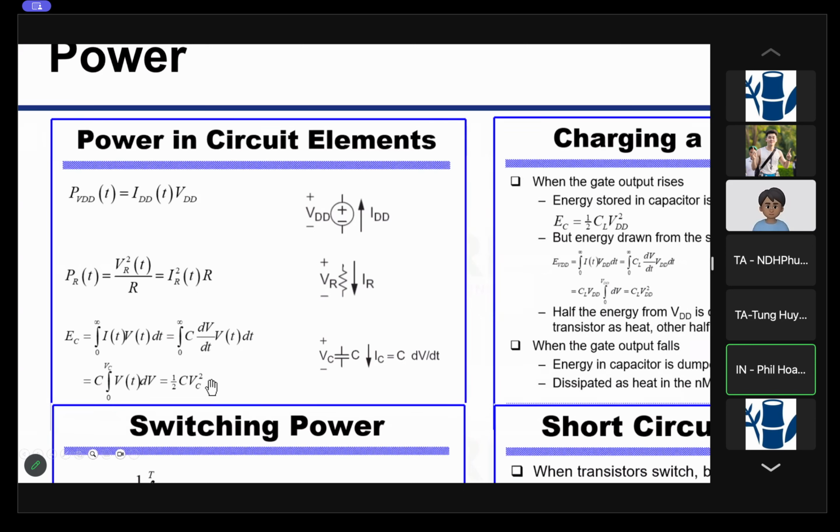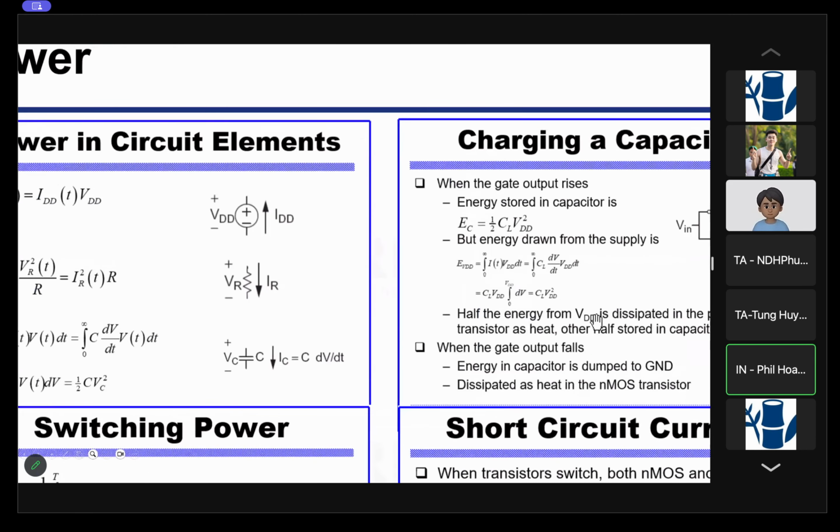And then after you take the integration over the voltage, you need to charge a VC on the capacitor. Then the energy stored here is equal to 1/2 of C, the capacitor here, times the square of the voltage that you charge up. So that's the basic power.